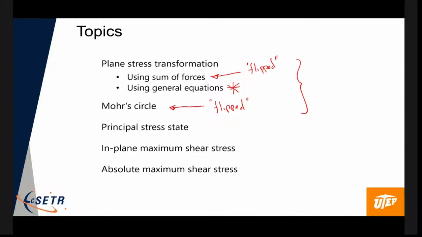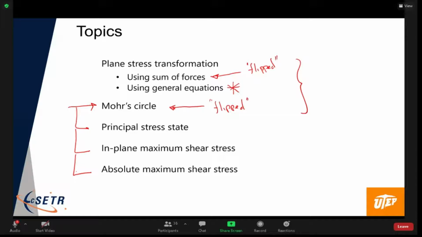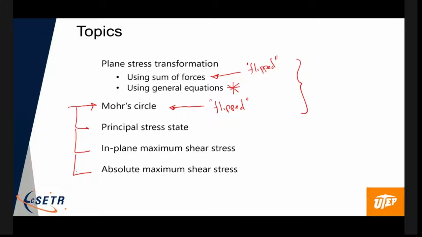But Mohr circle is a really nice graphical approach that allows you to easily do the next three items, which is talk about the principal stresses and specifically the state in which we have a principal stress state, maximum in-plane shear stress, as well as maximum absolute shear stress, okay?